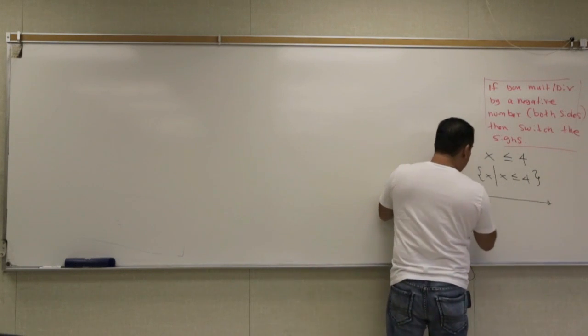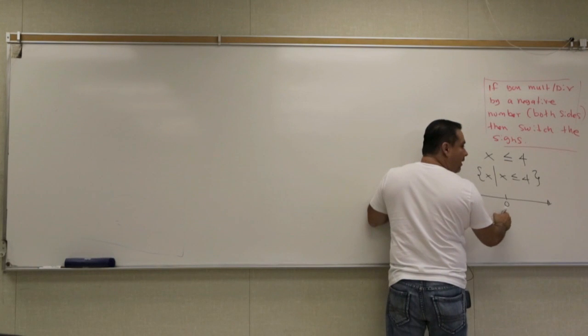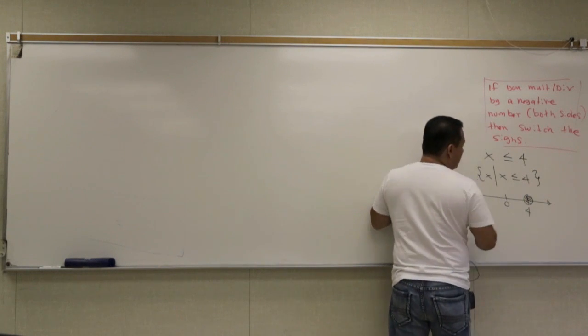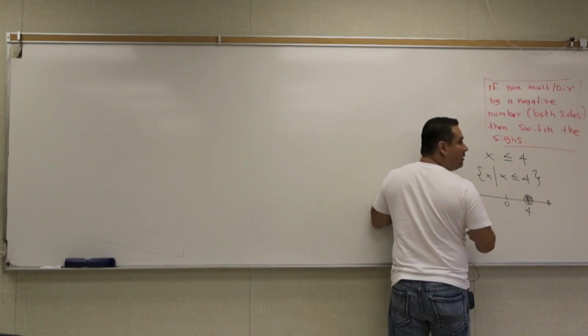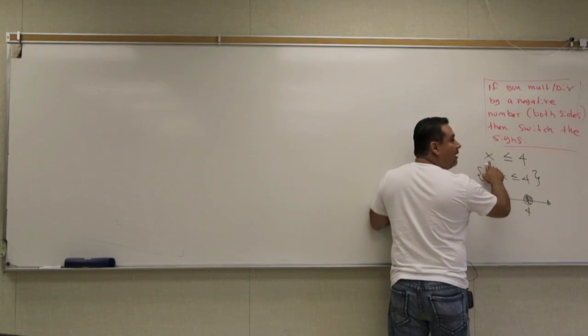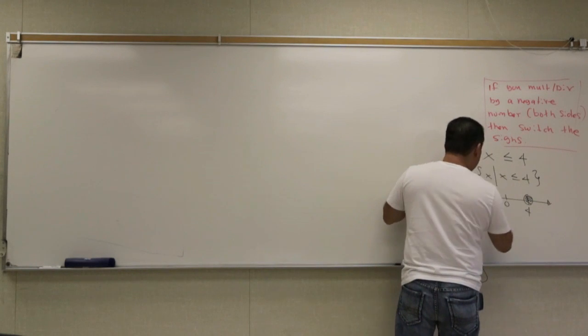Now the graph: 0 is the reference number, and 4 is positive, so it's over here. Is that a closed circle? Shade everything less than 4, which is to the left.